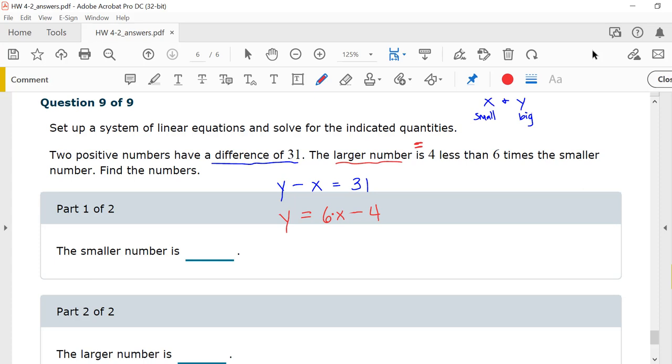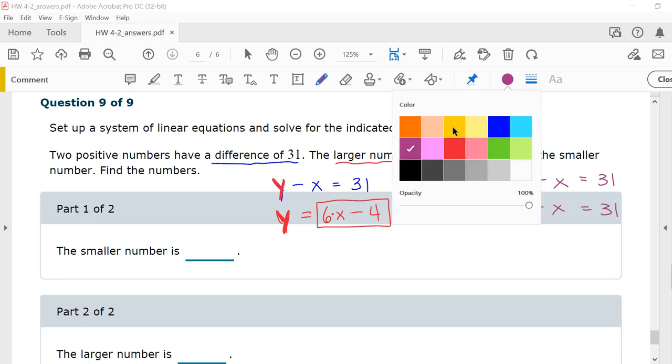Okay, I have y equals on the second equation. I'm going to plug this in wherever I see a y on the first equation. So here goes. 6x minus 4, there's y, minus x equals 31. I don't need those parentheses because there's nothing to distribute out front.